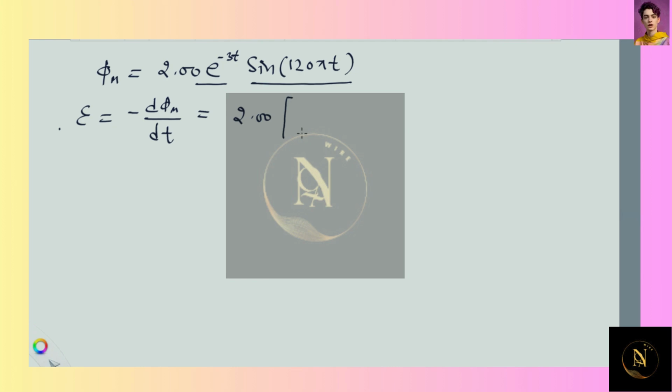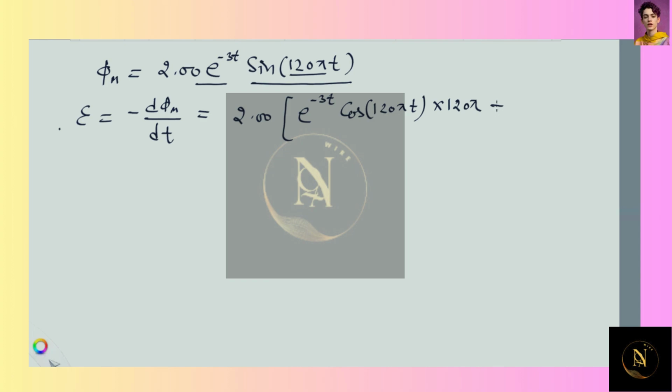So now, first of all, we consider this e raised to the power minus 3t as a constant, and the differentiation of this sine will be cosine, cos 120 pi t. After that, the differentiation of this argument, which is 120 pi t, with respect to time will come out to be 120 into pi.